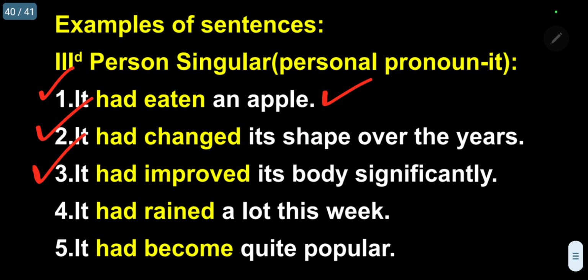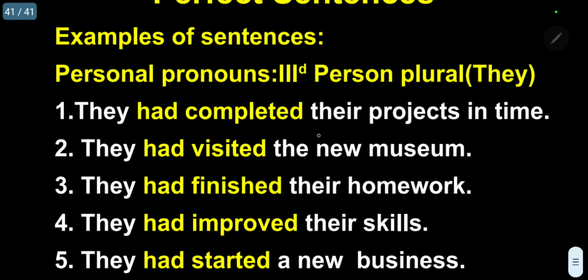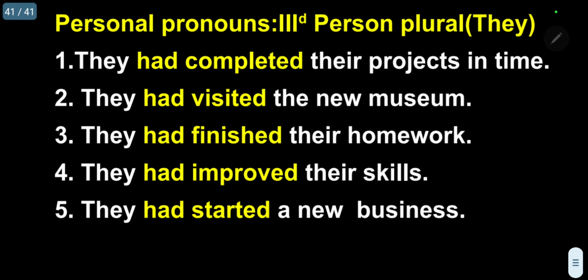It had rained a lot this week. It's the rain, indicating rain. Now, it had become quite popular. Very interesting information. Next, we'll go for the example of personal pronouns, the third person plural.